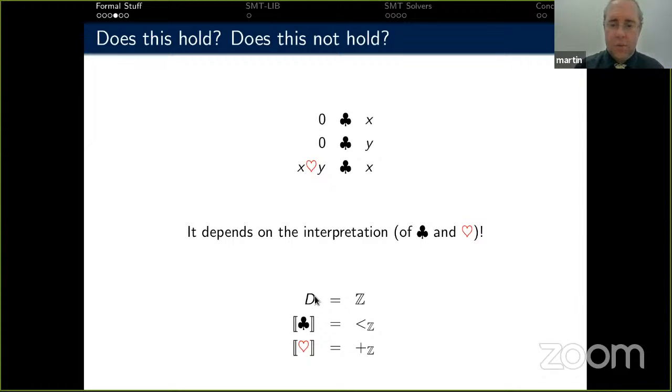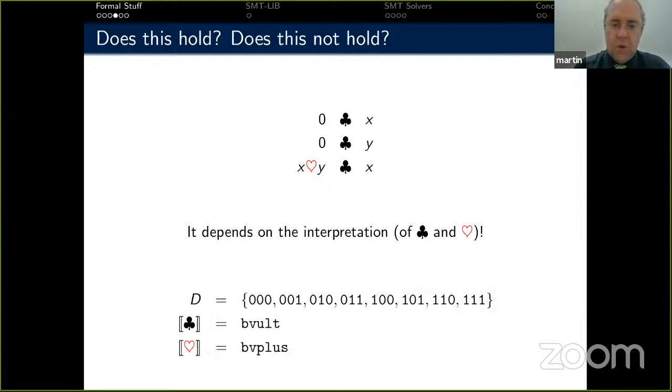If we pick D, the domain, to be the integers, and we pick the interpretation of the club symbol to be less than on the integers, and the heart symbol to be addition on the integers, then with respect to this particular interpretation, I can't find an x and a y, both of which are greater than 0, so that when you add x onto y, it's less. So in that case, it's unsat.